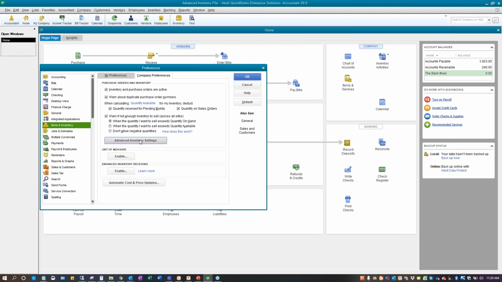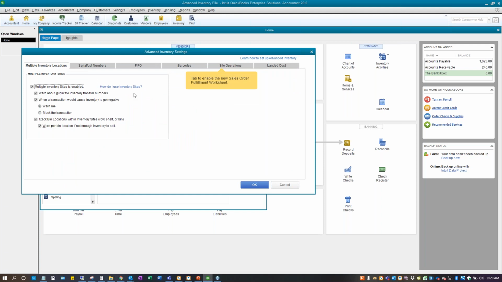Here's also your advanced inventory settings, and this is where you can enable your inventory sites, use your bins. I've physically gone to clients where we've taken one warehouse and put tape on the floor and turned that building into bins so that people knew exactly where things were. I had a guy who sold appliances, and everybody would just open the door and dump everything right inside the door.